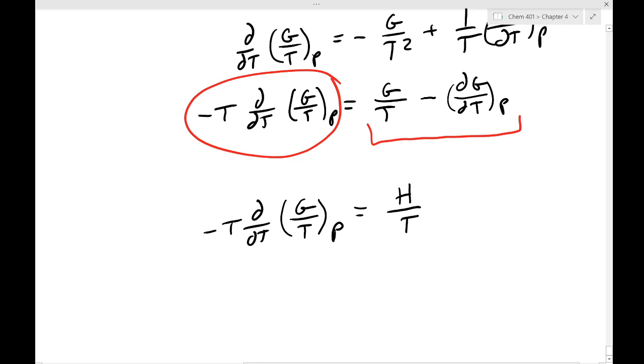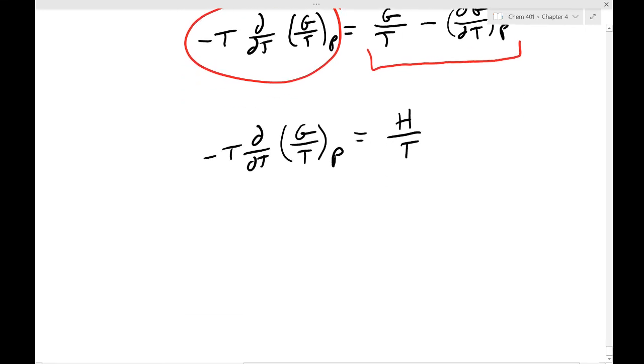Now I'm going to change the negative sign around a bit. I'm going to divide through by negative T on both sides, and I get the change with respect to temperature of the function G over T at constant pressure is equal to negative H over T squared.